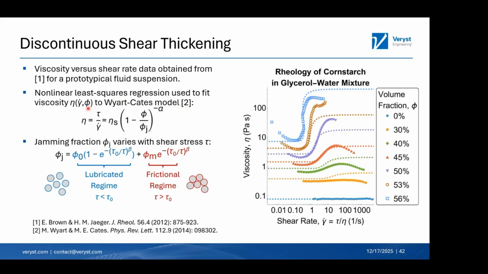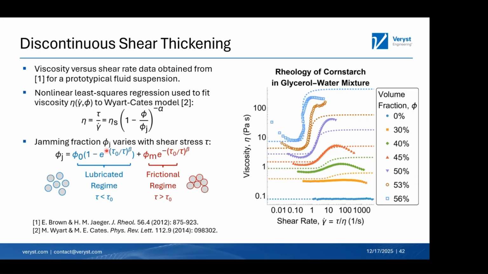One of the most classical models is due to Mike Cates, the so-called Wyart-Cates model, which is a modified form of the Krieger-Dougherty relationship, if you're familiar with that, for suspensions. The main addendum to the Krieger-Dougherty relationship is at what volume fraction the particles jam. It's called the jamming fraction, and it basically transitions between two states.